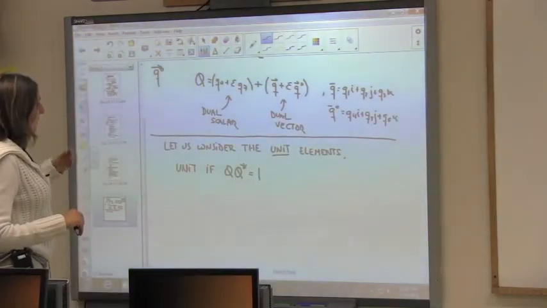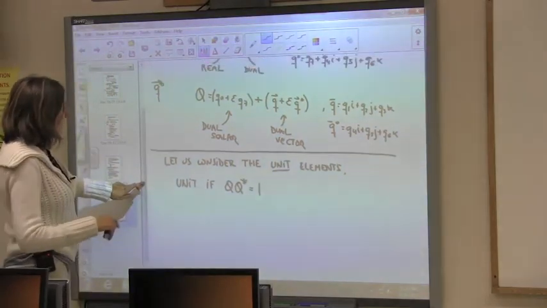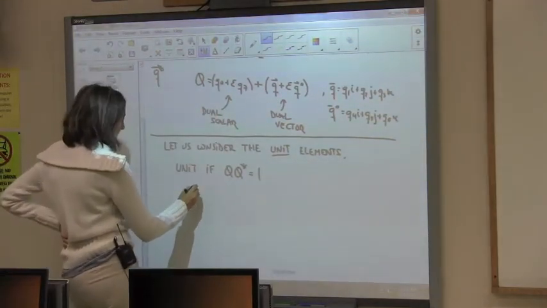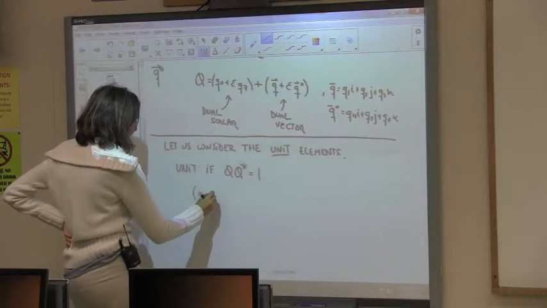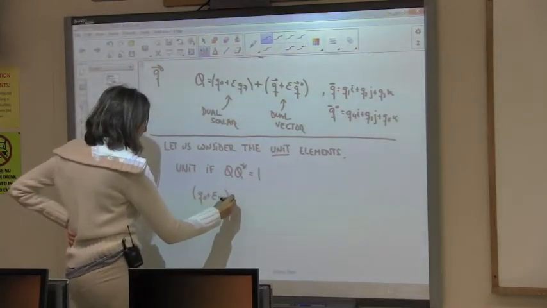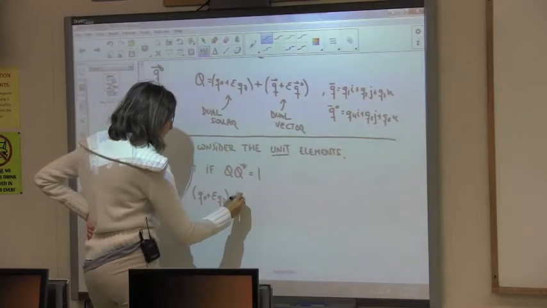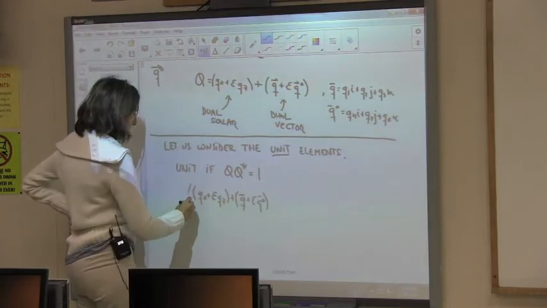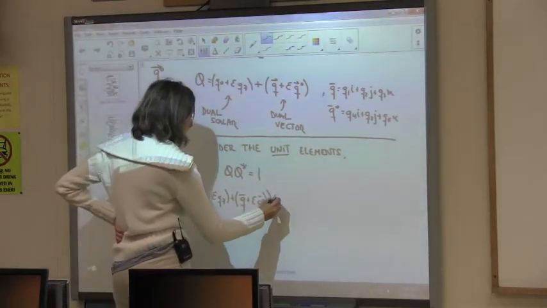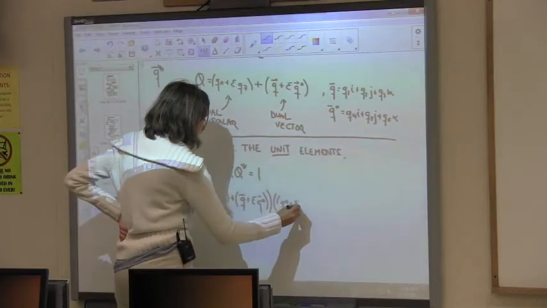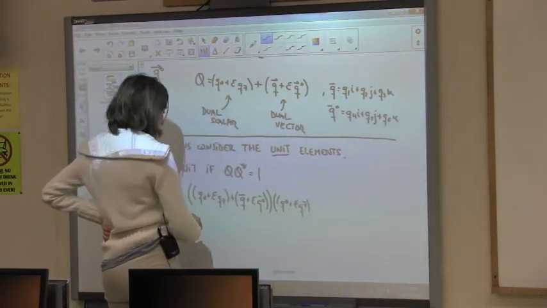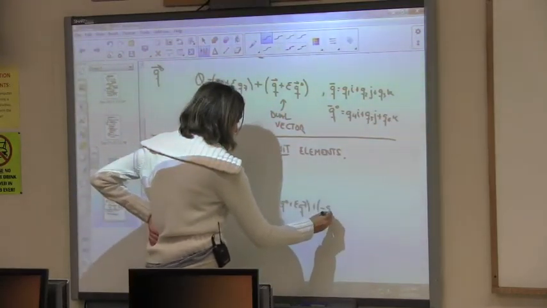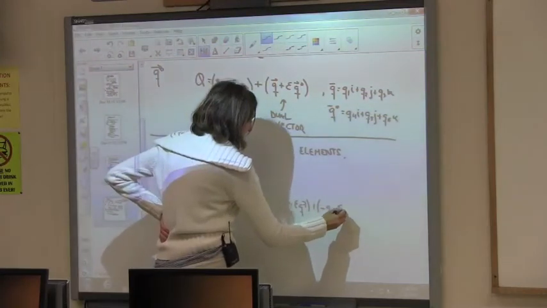Let's just try, see what we get. We are going to probably use this notation better. So this will be a plus, this will be a minus, basically. So we have q0 plus epsilon q7 plus q plus epsilon q0, all this multiplied times, that's going to be long, q0 plus epsilon q7 plus minus q minus epsilon q0.